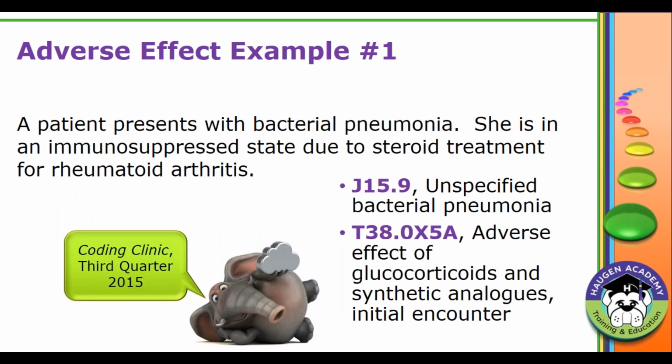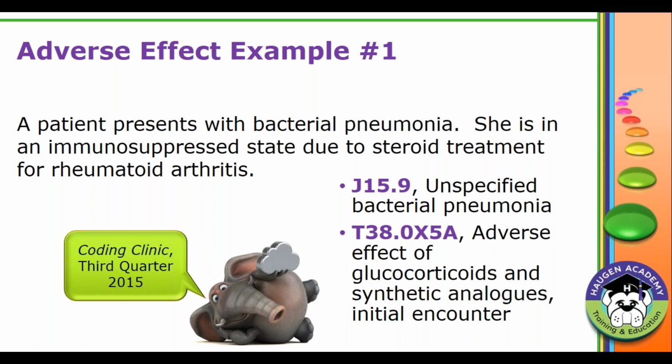The first adverse effect example I have is a patient who presents with bacterial pneumonia, and she is in an immunosuppressed state due to steroid treatment for rheumatoid arthritis. I didn't pull this specific example from Coding Clinic 3rd quarter; they didn't actually have specific codes listed here.